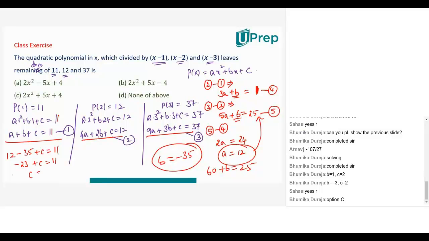So that gives me c equal to 11 plus 23, that is 34. So what is exactly my polynomial? 12x square minus 35x plus 34.